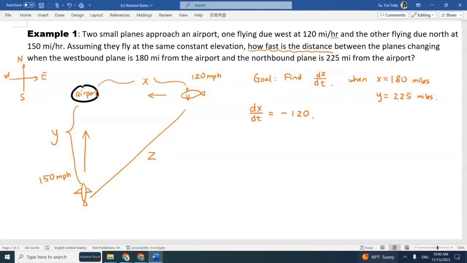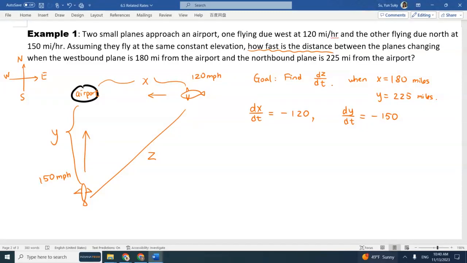How about your y? Your y is increasing or decreasing? Decreasing. So your dy dt is what? Negative 150.